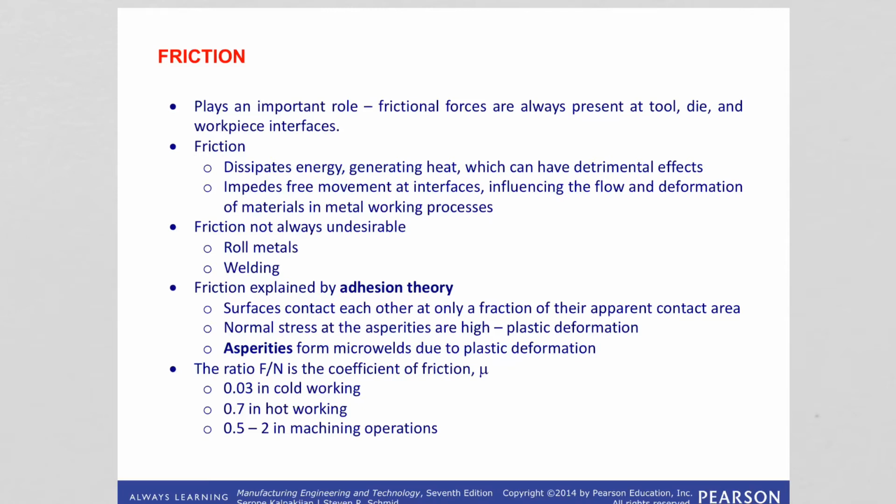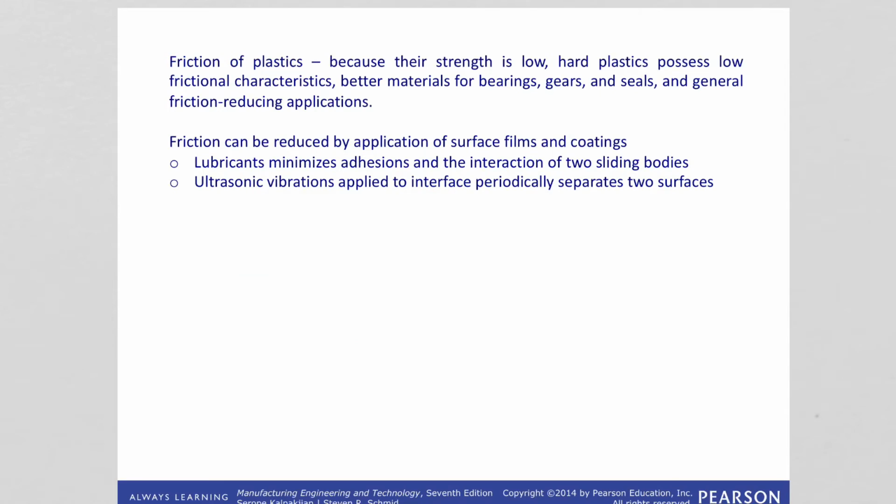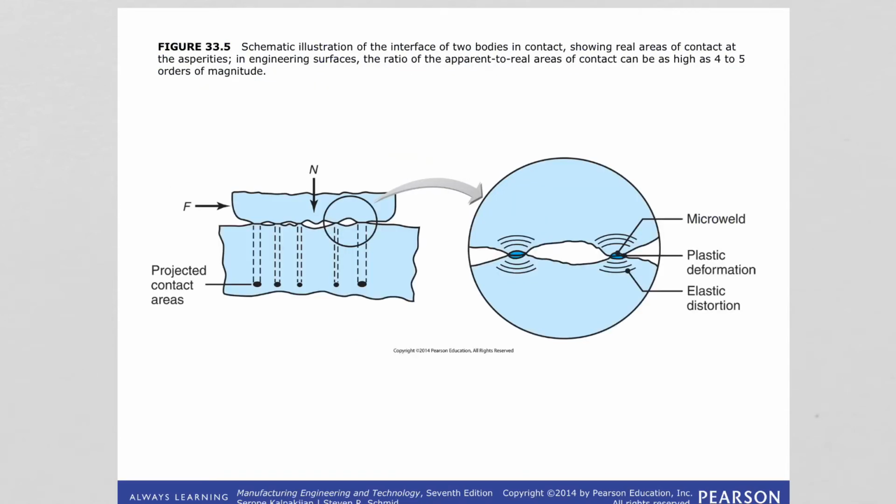There have been theories to explain the phenomena of friction. One accepted theory is adhesion theory. In adhesion theory, it is based on the observation that two clean and dry surfaces, regardless of how smooth they are, contact each other at only a fraction of their apparent contact area.